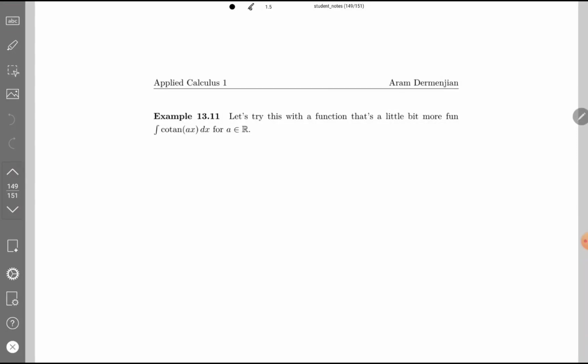This is confusing. What we can do is we have this ax, so let's get rid of this a first. Let's see if that makes life easier. So then du is equal to a dx, which implies dx is equal to du over a.